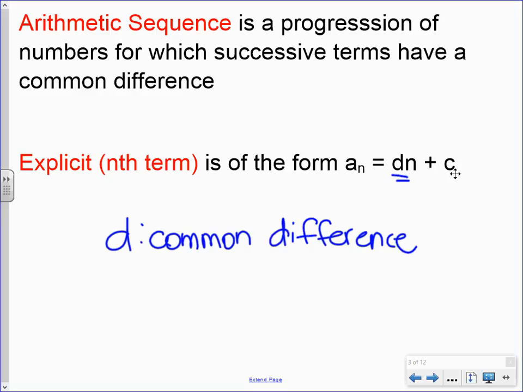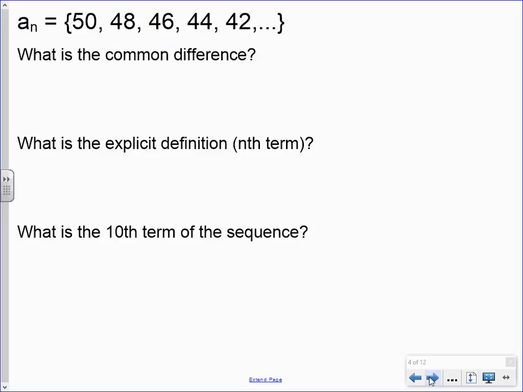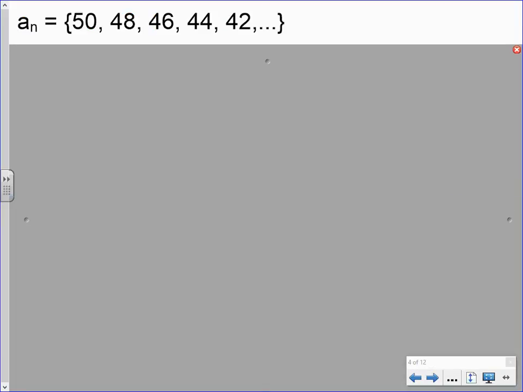I want you to go ahead and write down this sequence. We should first ask ourselves, is this an arithmetic sequence? Thumbs up or thumbs down.